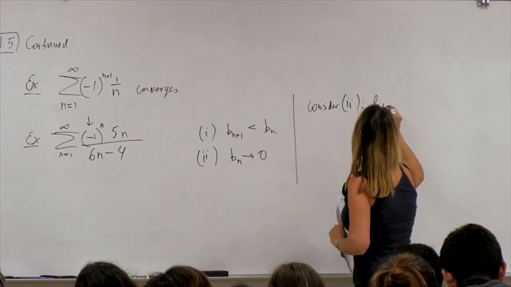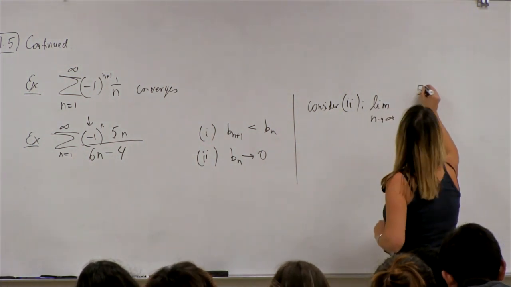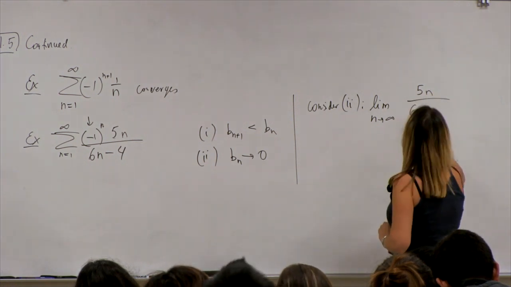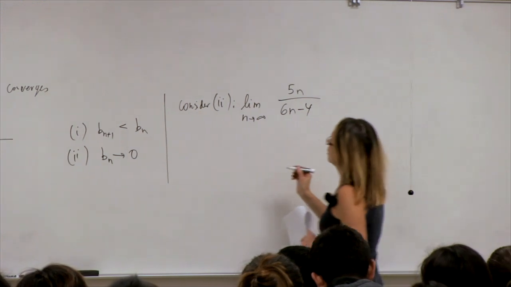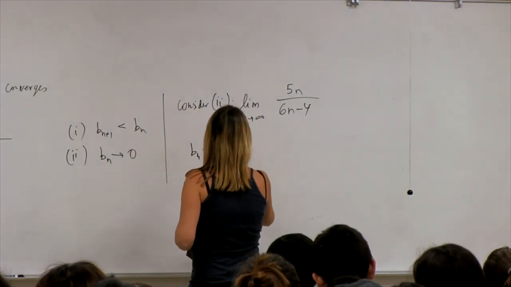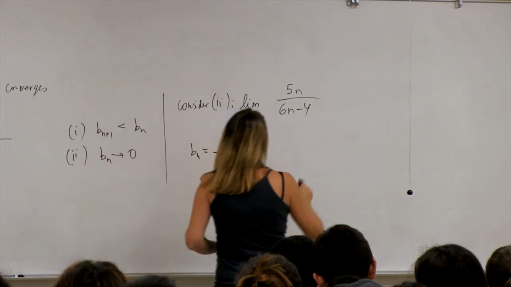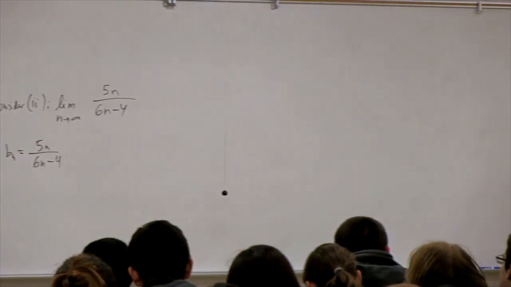What's the limit as n goes to infinity of 5n over 6n minus 4? Because bn here is given by 5n over 6n minus 4. So we have to calculate this limit to satisfy the second condition.